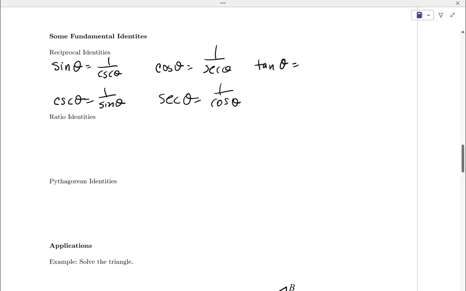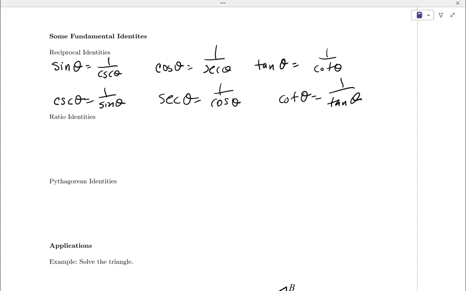And reciprocal of tangent is cotangent. Good. Those 6 are what we mean by the reciprocal identities. Those are true statements, no matter what you plug in for theta, as long as you don't end up with an undefined statement. Okay?